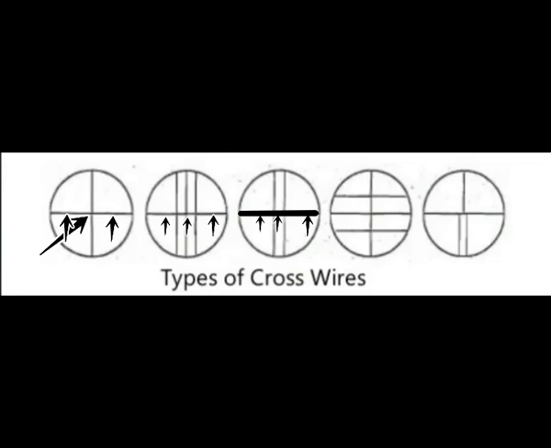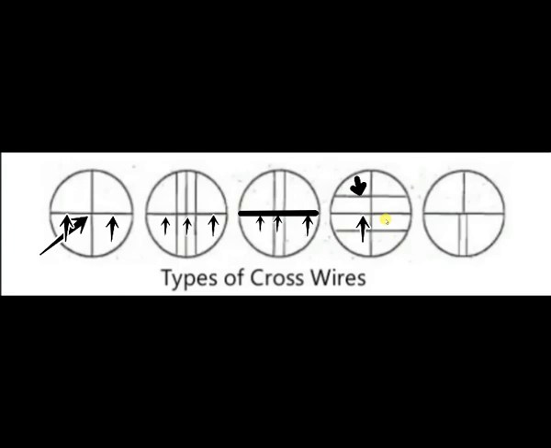And you must be wondering what these lines mean over here, right? So these lines are in reference to measuring the distance. For example, if you are measuring a distance somewhere here, say that the reduced level comes to be 1.02 meters.